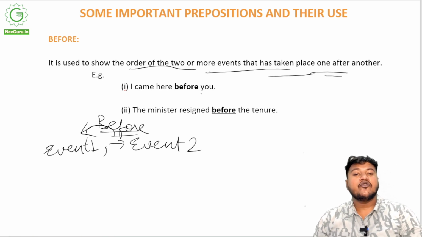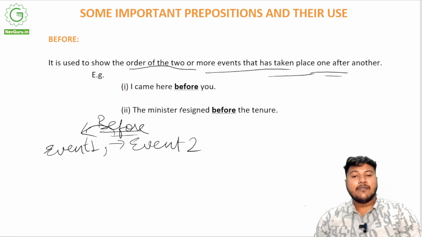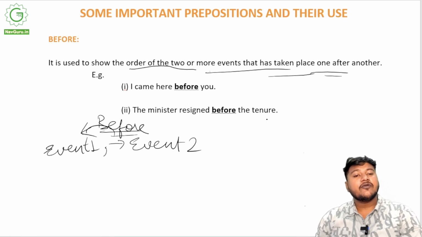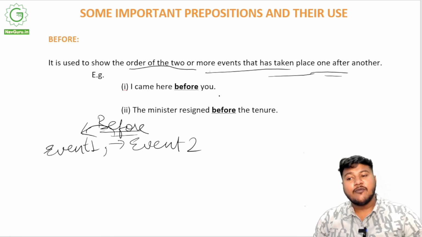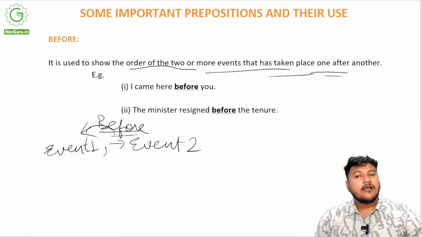I came here before you. We both came here, but I came here before you. I'm the event 1. The minister resigned before the tenure. His tenure was coming to an end, but before it ended, he resigned. The event 1 happened earlier than event 2, and that is what is denoted by before.